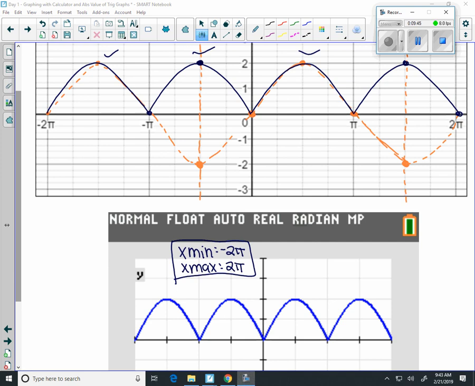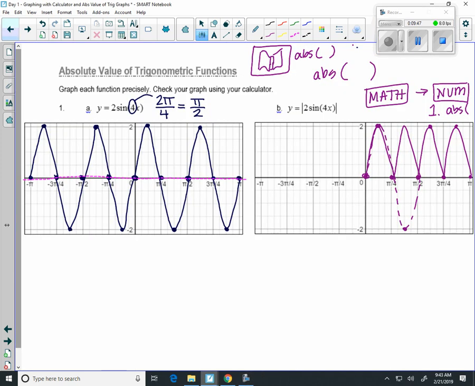If I'm checking something like this, I would scale in my calculator negative pi as my x min and my x max at pi, and then I'm either just going to count the peaks or count the valleys. Like I would just go 1, 2, 3, 4, and make sure my calculator picture has 4 peaks. And as long as they line up, I'm good. So that's how I use my calculator to double check.